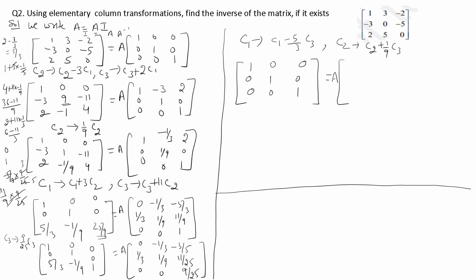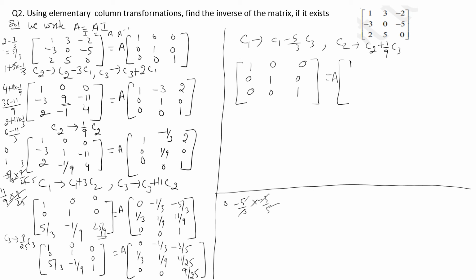and we need some calculation work. So C1 minus 5 by 3 times C3 is here. So this is your 0 minus 5 by 3 times minus 3 by 5. So I'm getting here as 1.